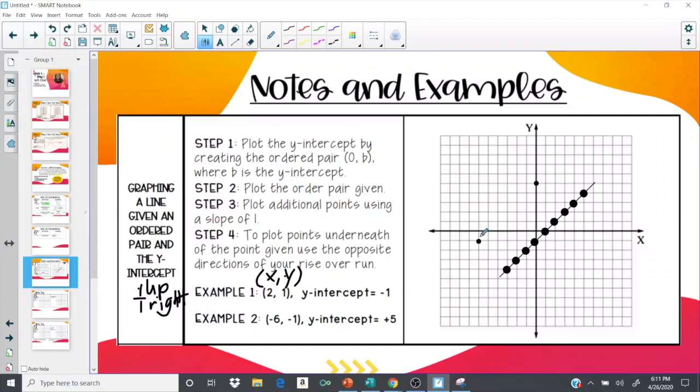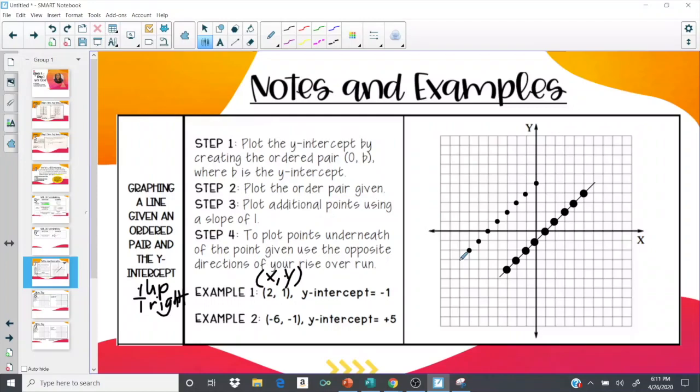Then after that, you are going to plot additional points using your rise over run directions. And remember, we are only dealing with a slope of 1. Therefore, our directions will be 1 up, 1 right. So from here, 1 up, 1 right, plot your point, and repeat. Now, if you want to go underneath, you will go in the opposite direction, 1 down, 1 left.